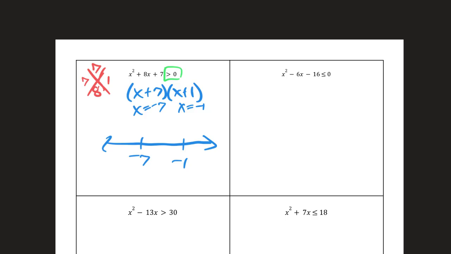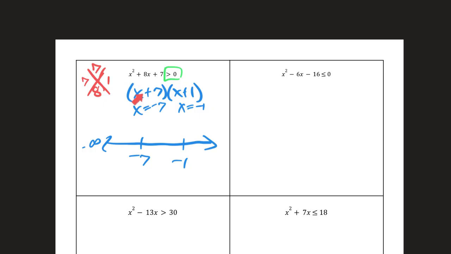And then pick any number that you want to check in any interval. Just make sure when you pick your number that you're choosing it in the right interval. So if I just go left to right, anything between negative 7 and negative infinity, so negative 8. If I plug in negative 8 to the factored form, it's going to be easier to check the sign than it is with the original.